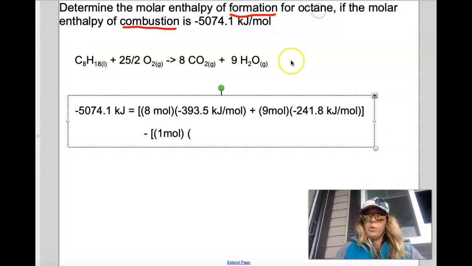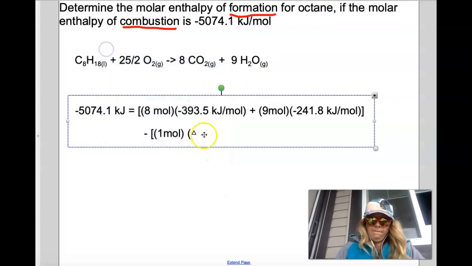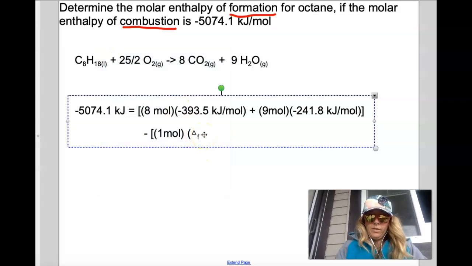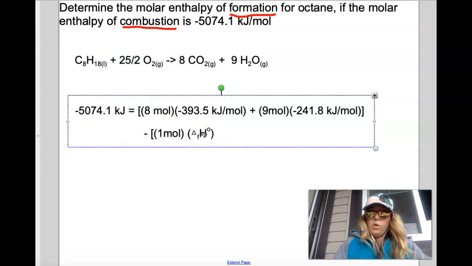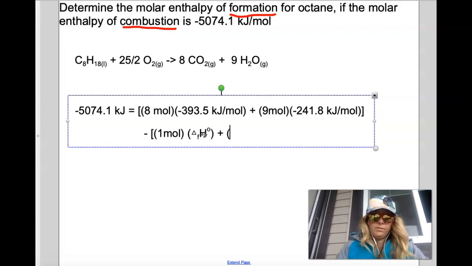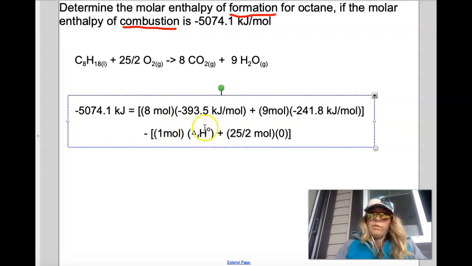So we're just going to put in here delta FH naught, and that's what we are looking for, then plus 25 halves of a mole times 0. So now we're solving for this instead of for this. That's why this question is different.